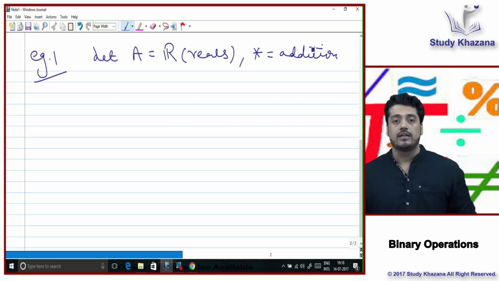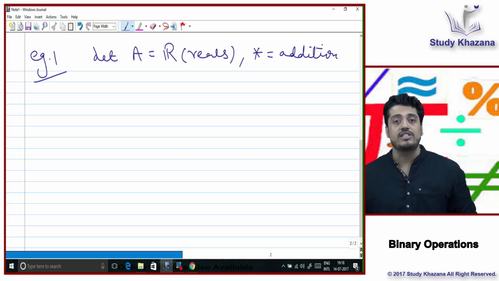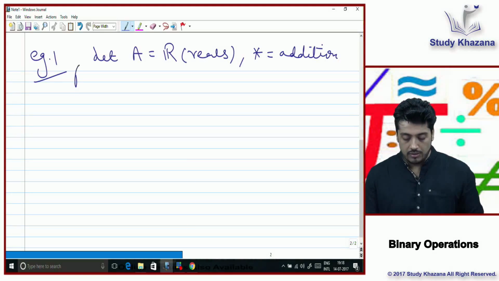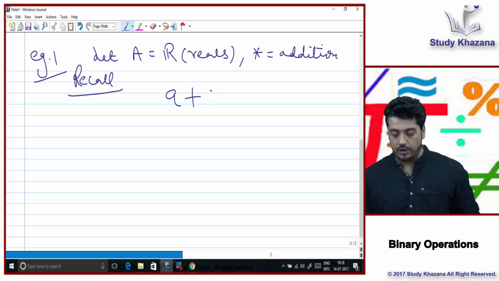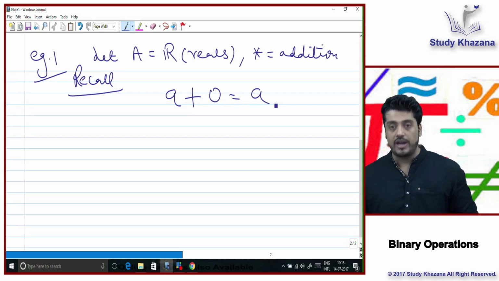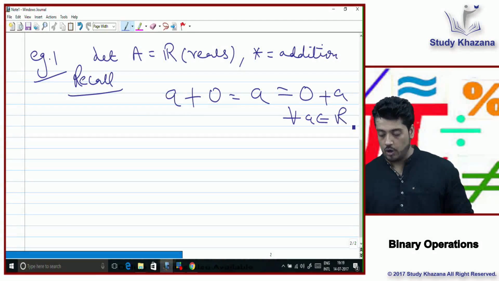We know that this addition is a well-defined binary operation on the set of real numbers. Also we know that with respect to this binary operation, 0 is the identity element. Recall, any a added to 0 will again give rise to a, which is the same as 0 plus a, and this property is true for each real number a belongs to R.